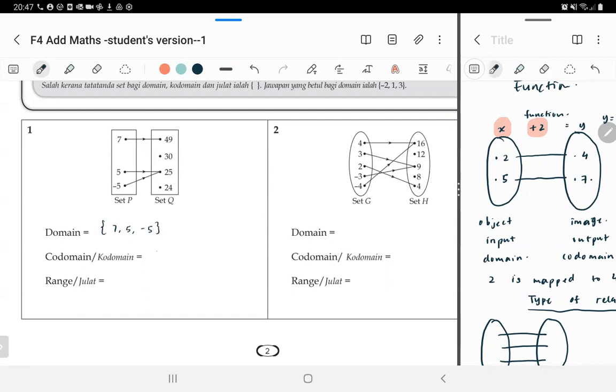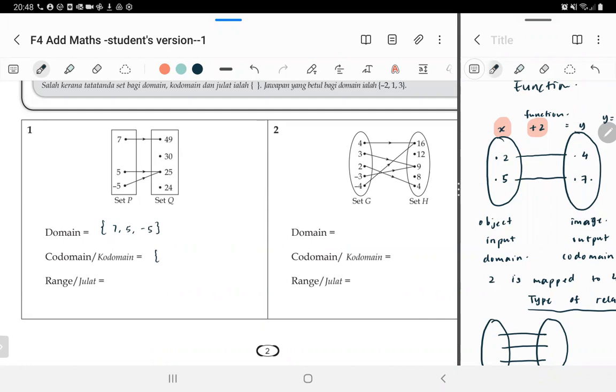How about the codomain? Correct: 49, 30, 25, and 24.